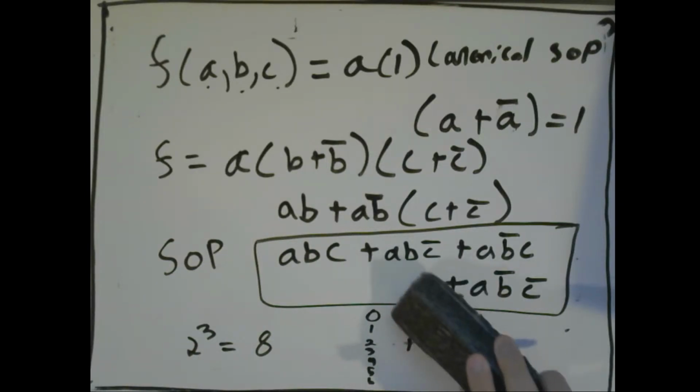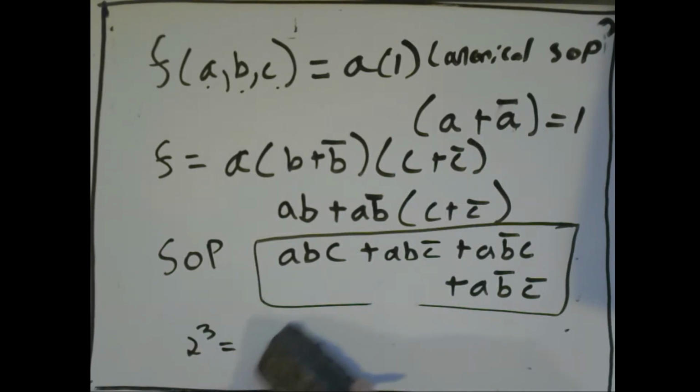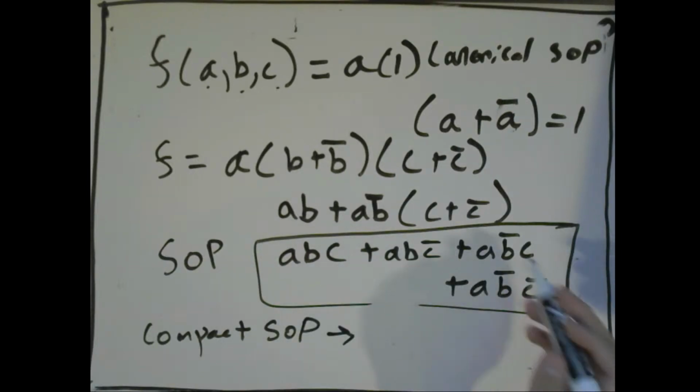So when we say let's convert this to the compact SOP, what we want to do is write the terms that make the function true. Once we have this canonical SOP, we can find out what terms we have.